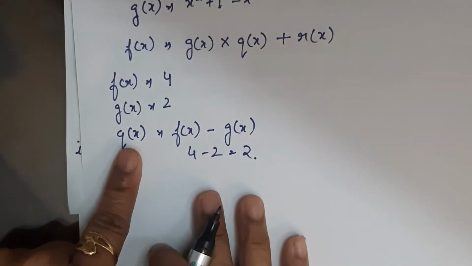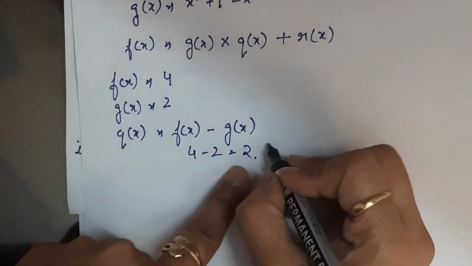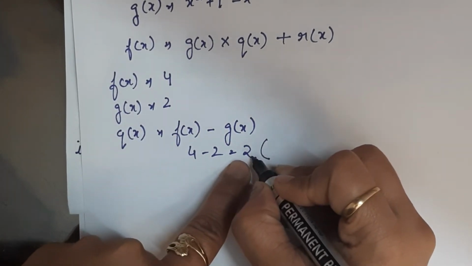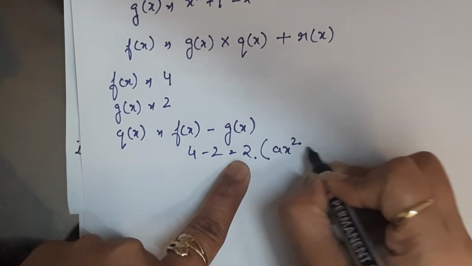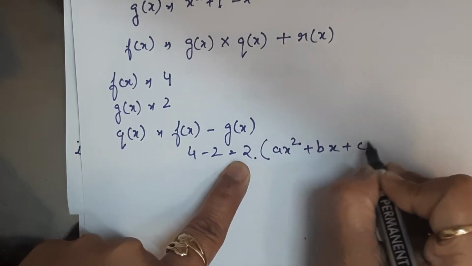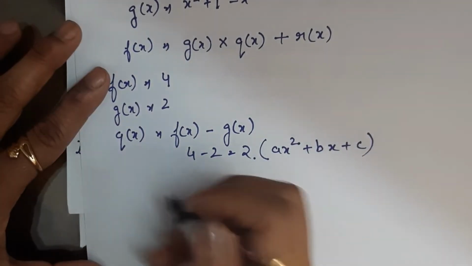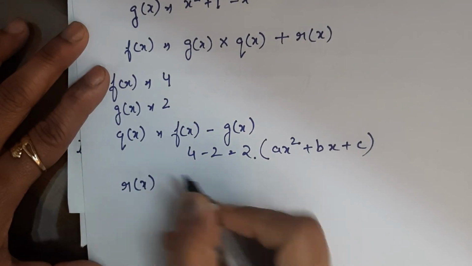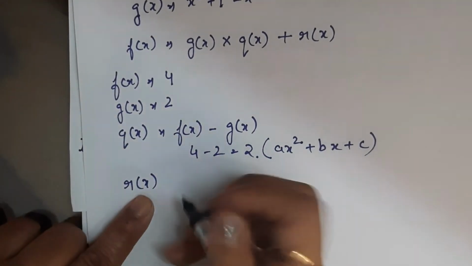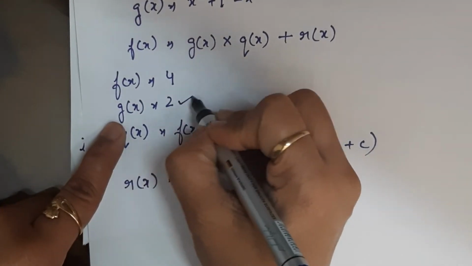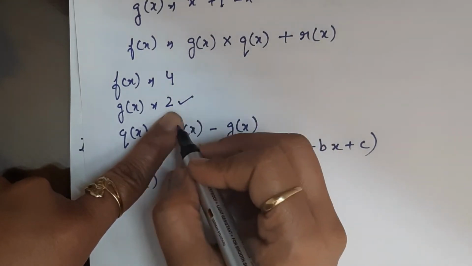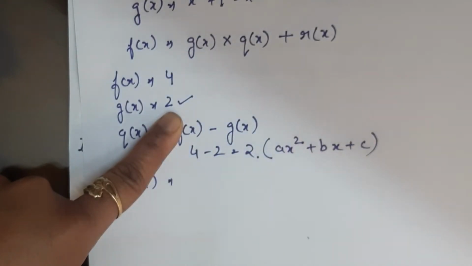So the degree for Q(x) is 2. So for degree 2, what is the equation? It means ax² + bx + c, same as in the previous question. Now for the remainder, I told you the degree is always less than that of g(x). So the degree must be less than 2. Less than 2 means 1.